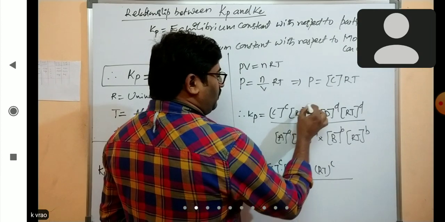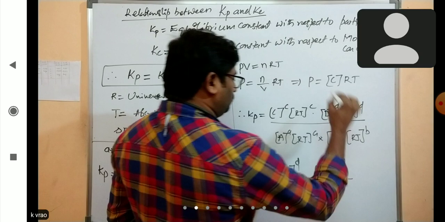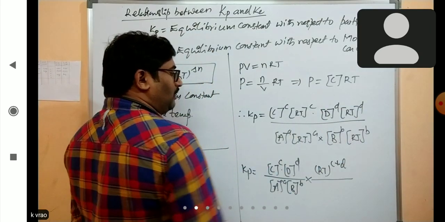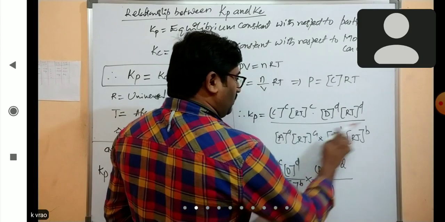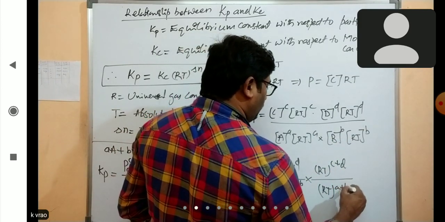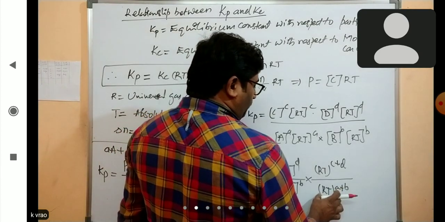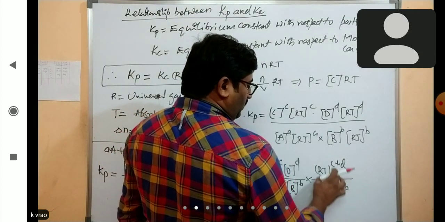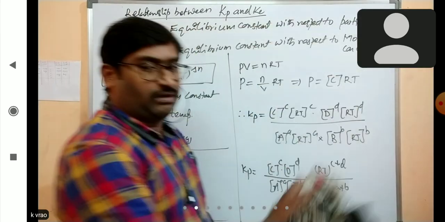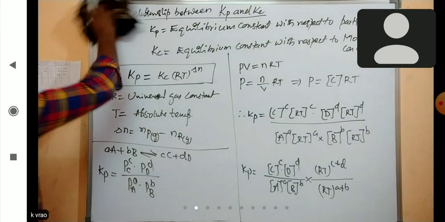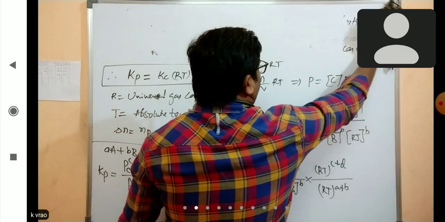Here a power m into a power n is equal to a power m plus n, so RT power c plus d, and here also RT power a plus b. And a power m by a power n is equal to a power m minus n. Fundamental of maths.